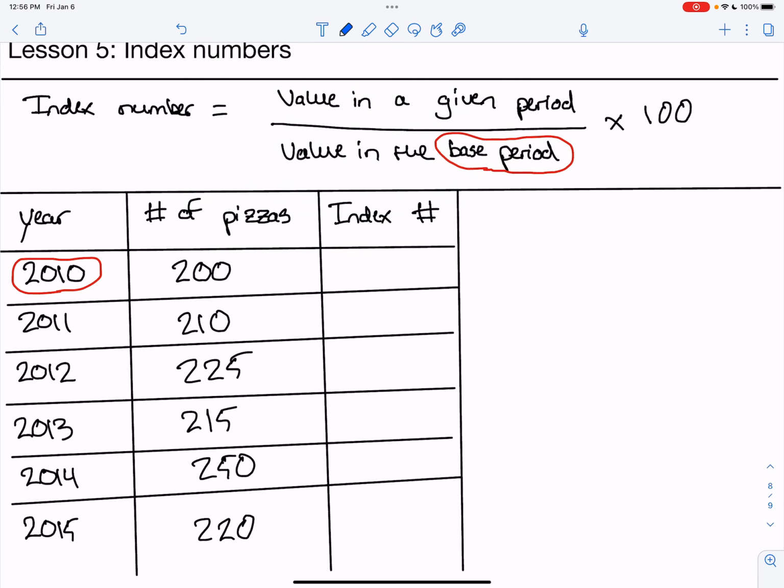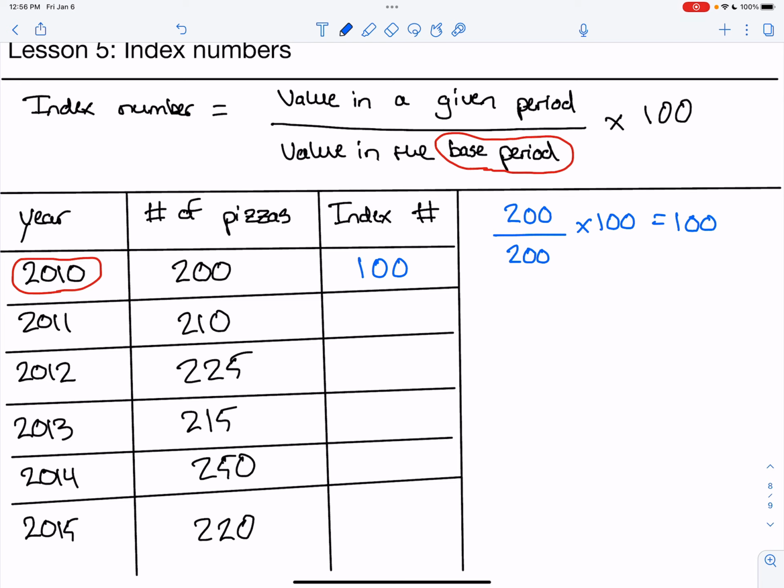What is the value, or the number of pizzas, in our base year? It's 200. So you're dividing 200 by 200, and you just get 1. Then when you multiply that by 100, you simply get 100. This is true for all base years: the index number in the base year is always 100.